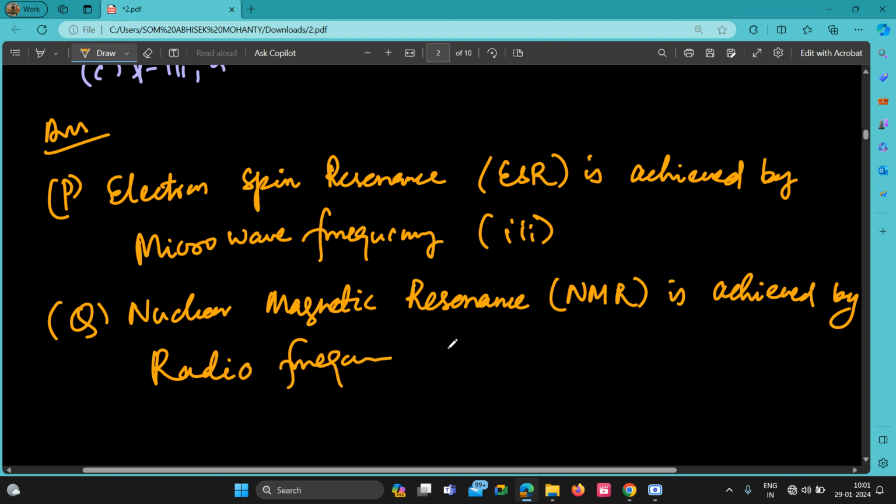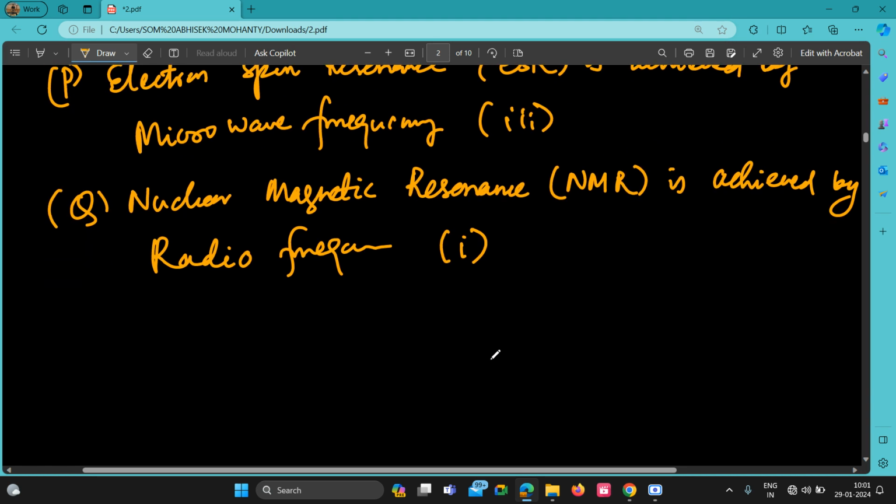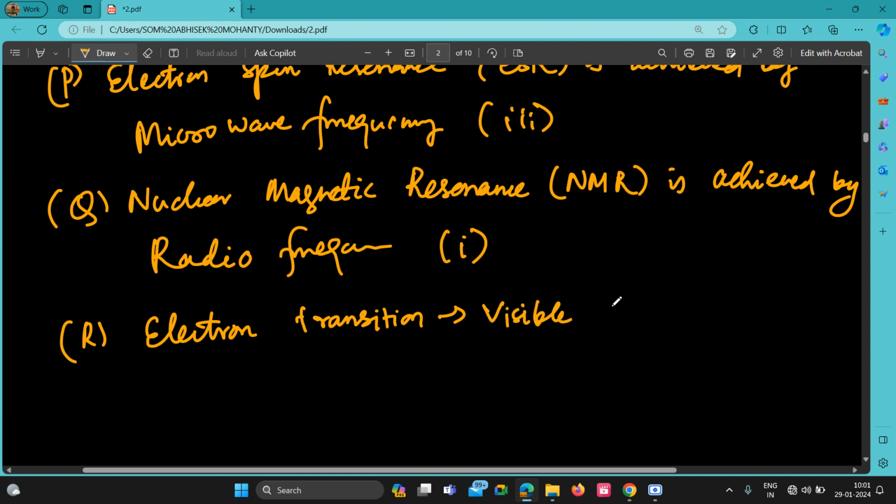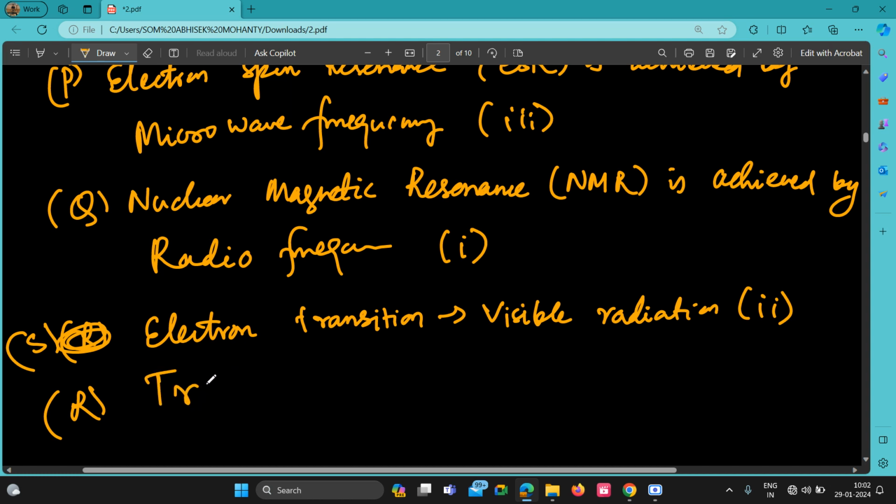This was your option I. ESR is microwave, nuclear is radio. Then electronic transition is achieved by visible radiation. Sorry, I missed R. Transition between vibrational states.